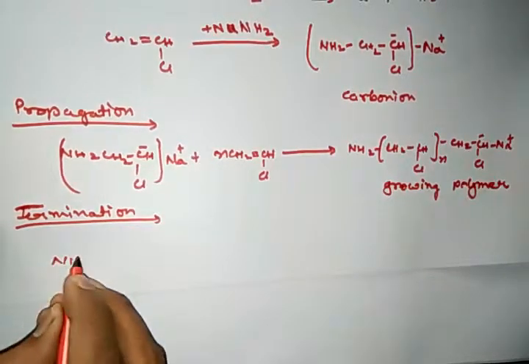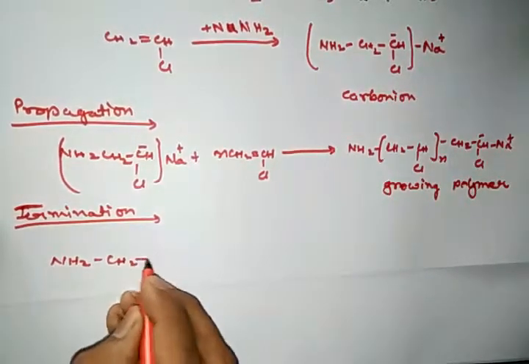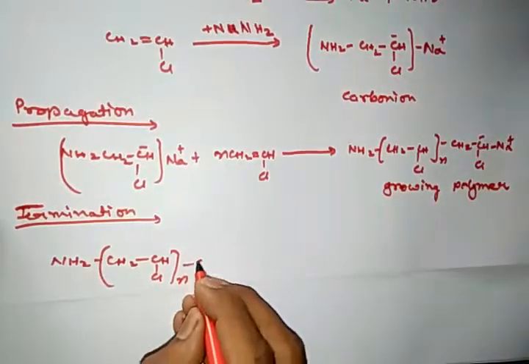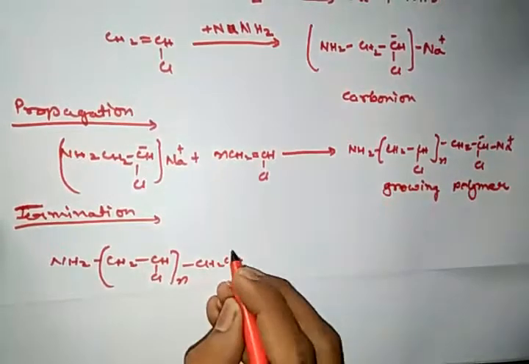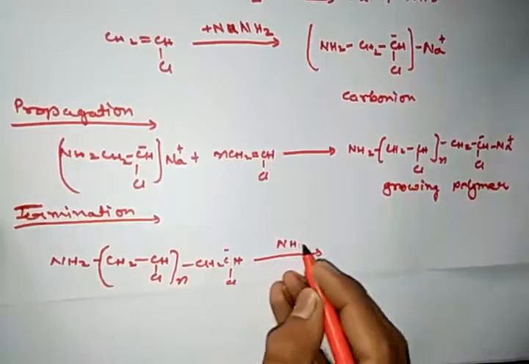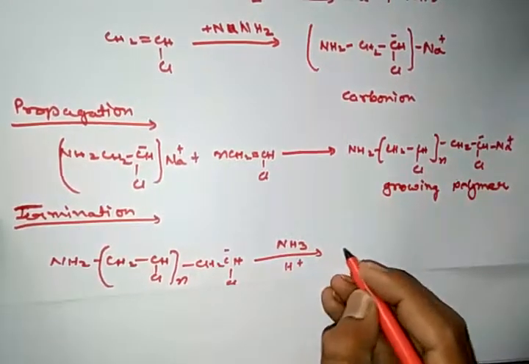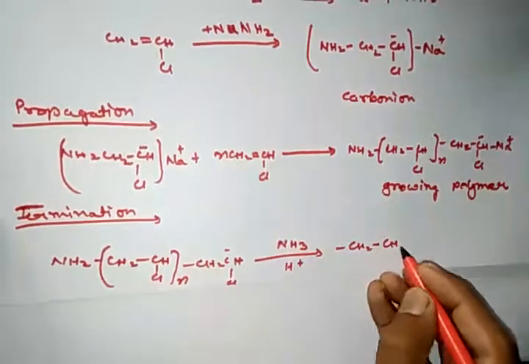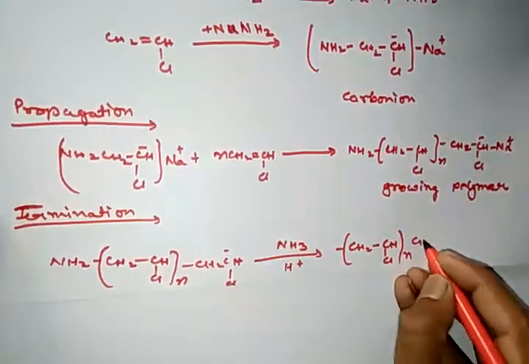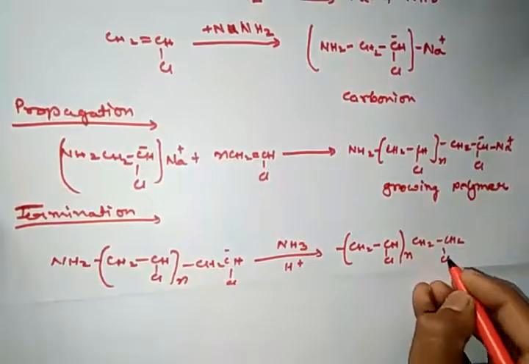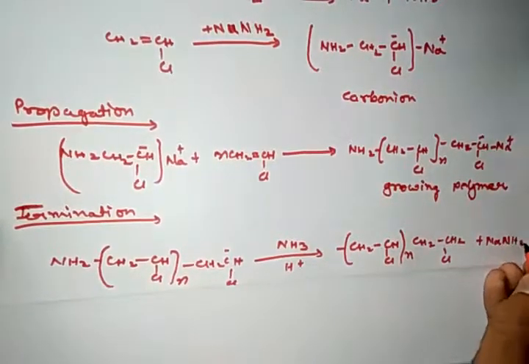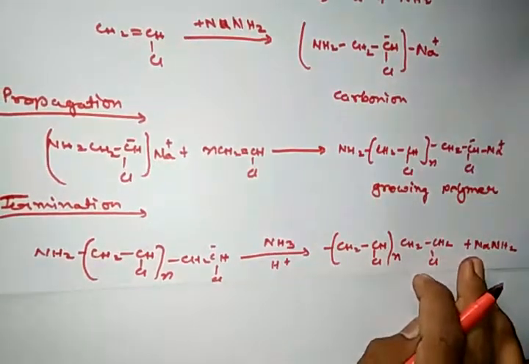So in termination, CH2Cl plus NaNH2 is eliminated in the last of the reactions.